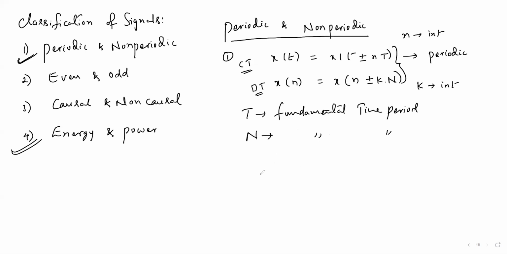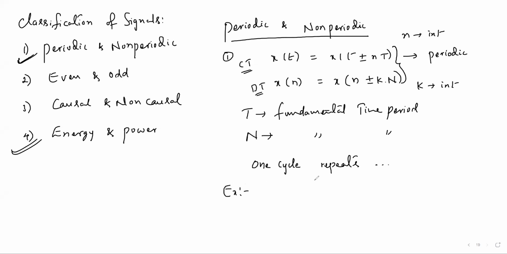So the basic nature of these periodic signals is one cycle repeats throughout the time axis. A particular cycle of the waveform will repeat throughout the time axis in the waveform of periodic signals.